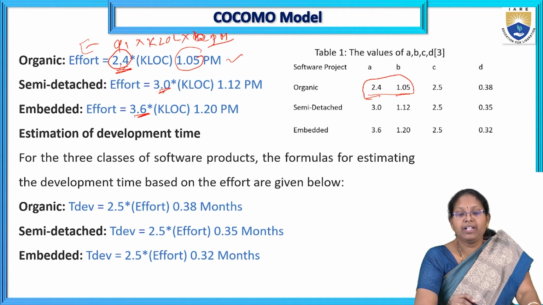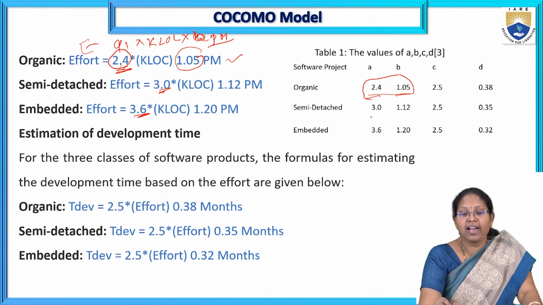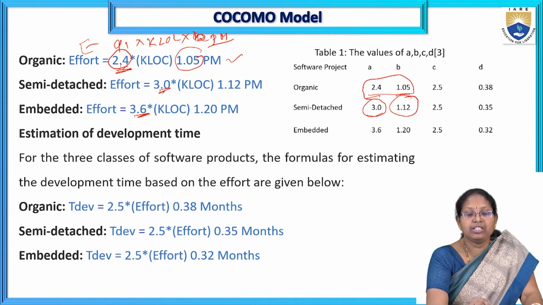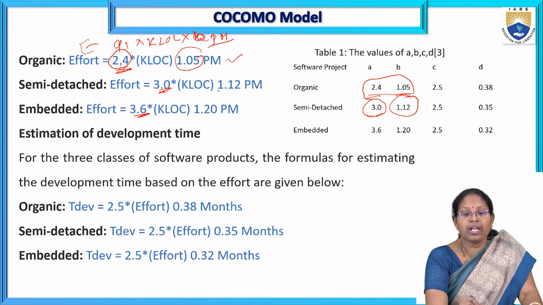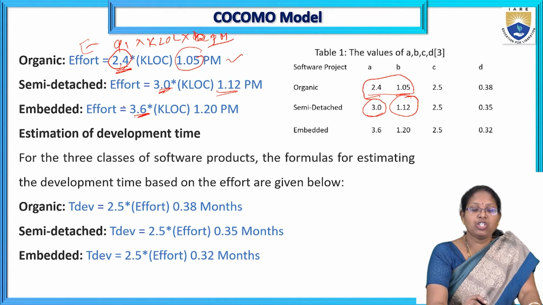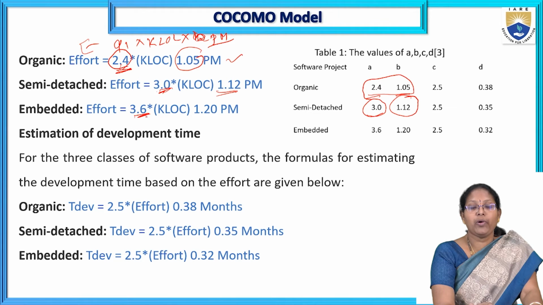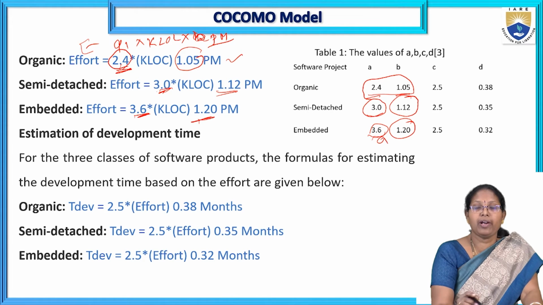Then semi-detached: the value of A is 3.0 and the B value is 1.12. Next is embedded kind of projects, cost estimation 3.6 into KLOC into B. From the table, A value is 3.6 and B value is equal to 1.2.